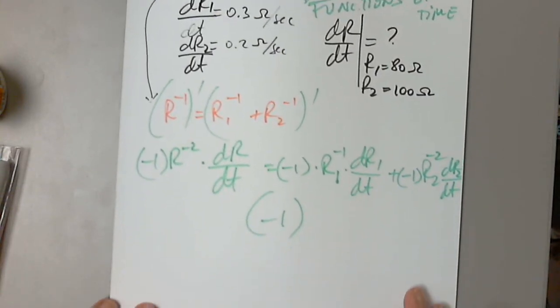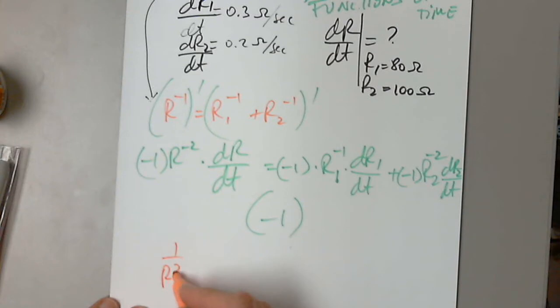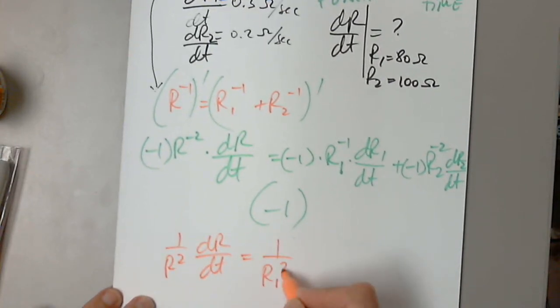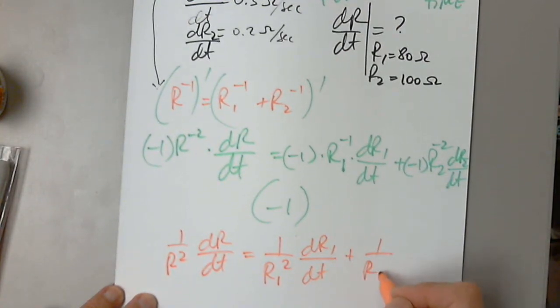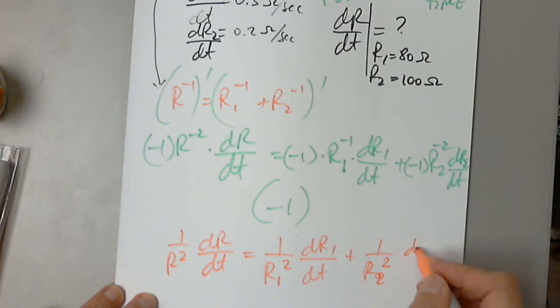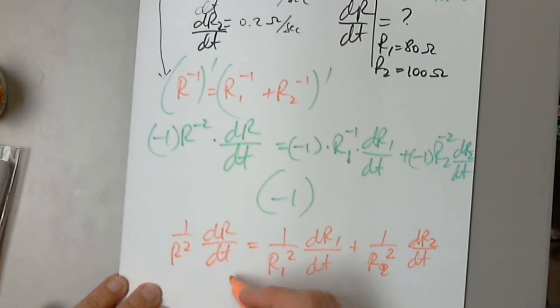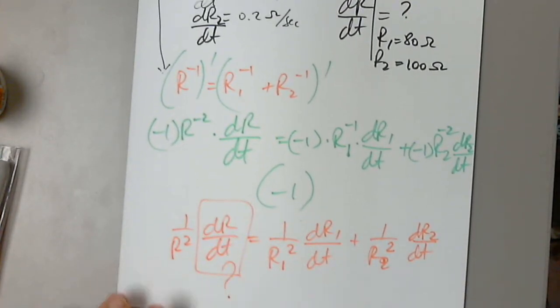Now I can go back to 1 over R squared dR over dt equals 1 over R1 squared dR1 over dt plus 1 over R2 squared dR2 over dt. And remember, this is what we want to determine. That is our only variable here.